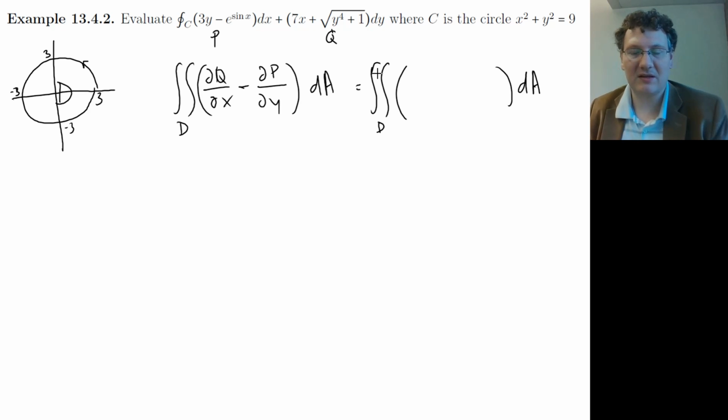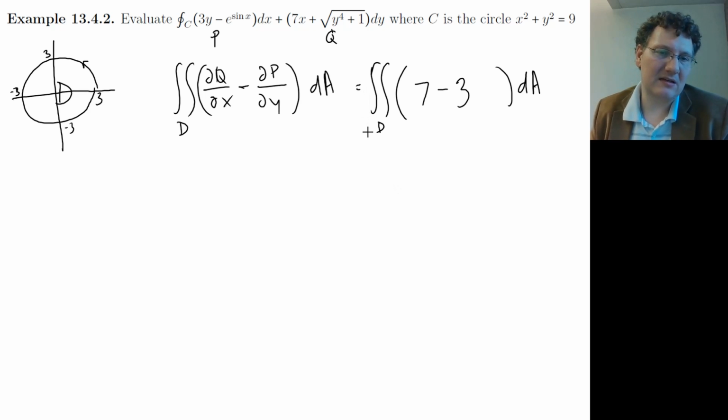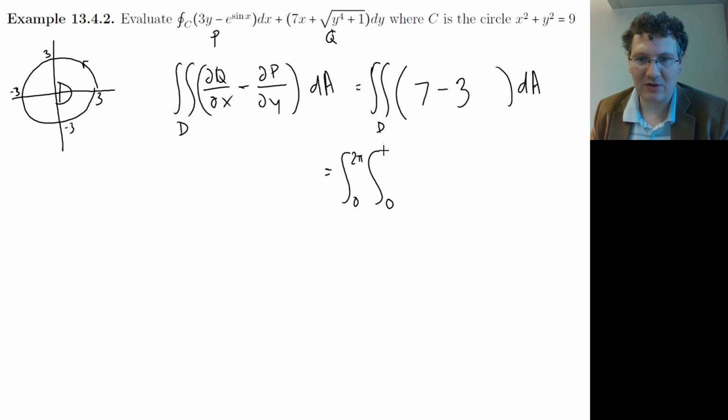The function we're integrating, the partial of Q with respect to x, is just the number 7, and the partial of P with respect to y is just the number 3. This is ripe for polar coordinates. So we can go from 0 to 2 pi, and radius from 0 to 3. The function we're integrating is just 4, so it's going to be 4r dr d theta.